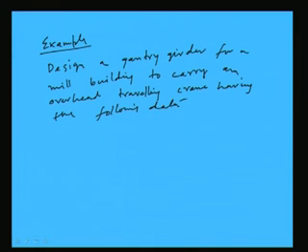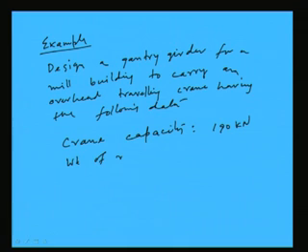So, let us assume the crane capacity as 190 kilonewton, and the weight of the crane excluding the crab is equal to 150 kilonewton.